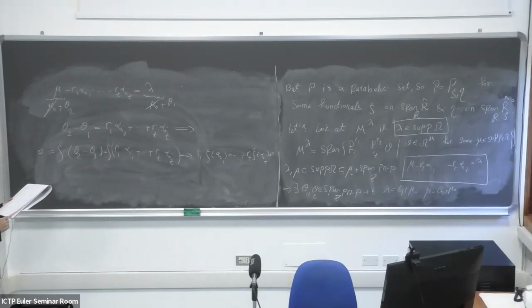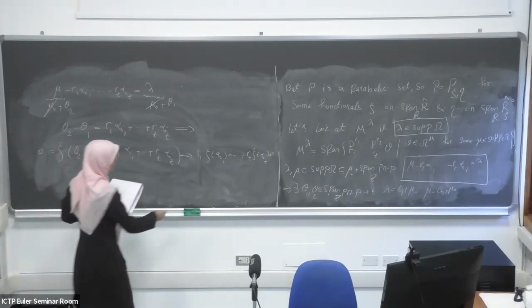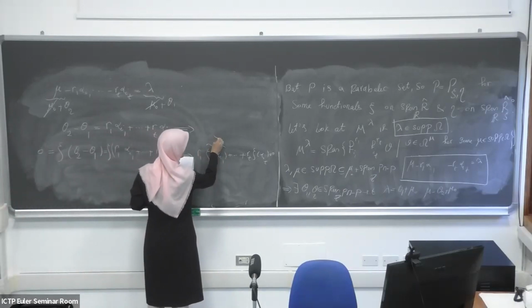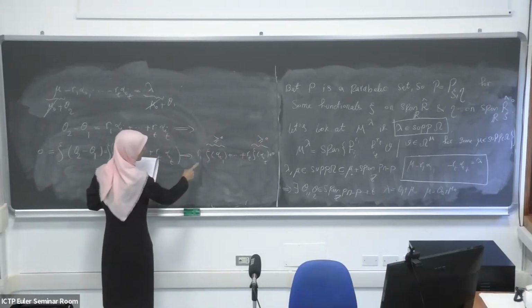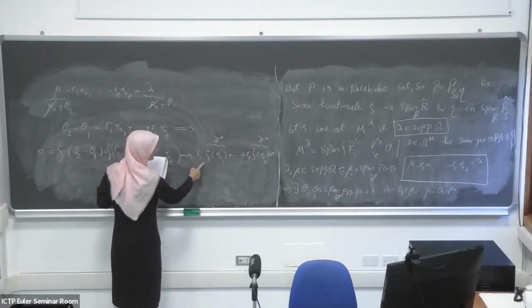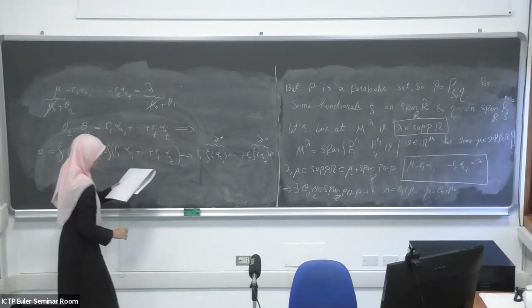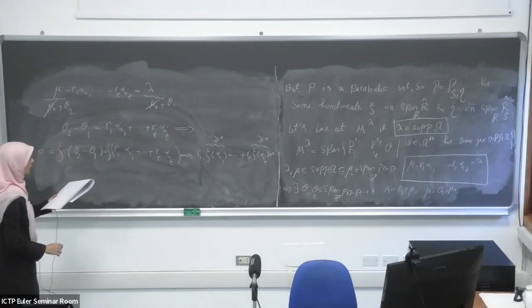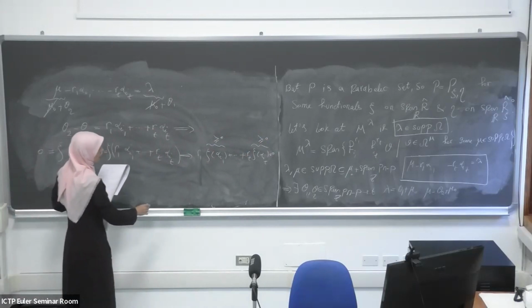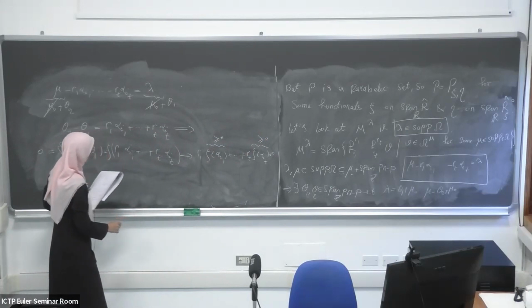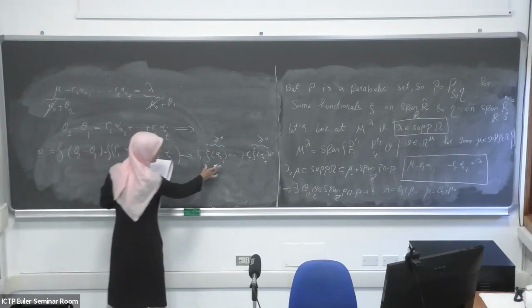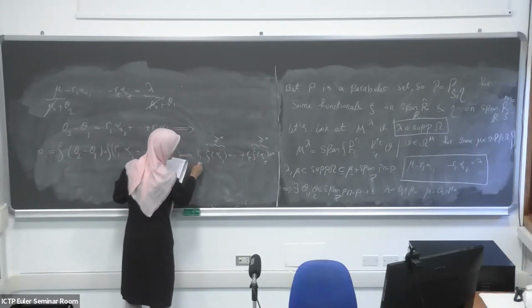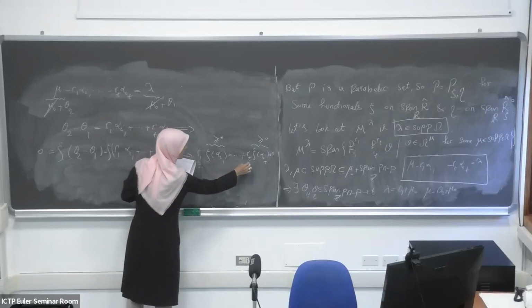But you know that these are greater than or equal to 0, and these ones are positive, right? And what we get then is that these elements must be 0 because these ones are positive.